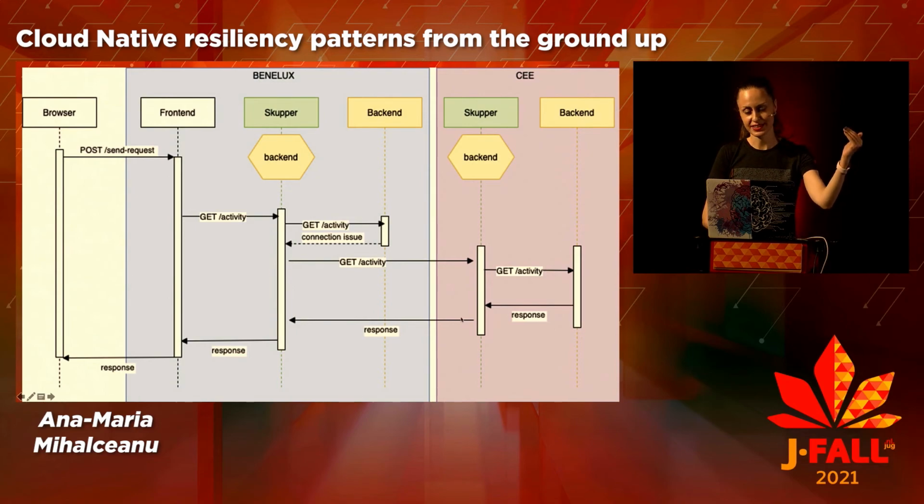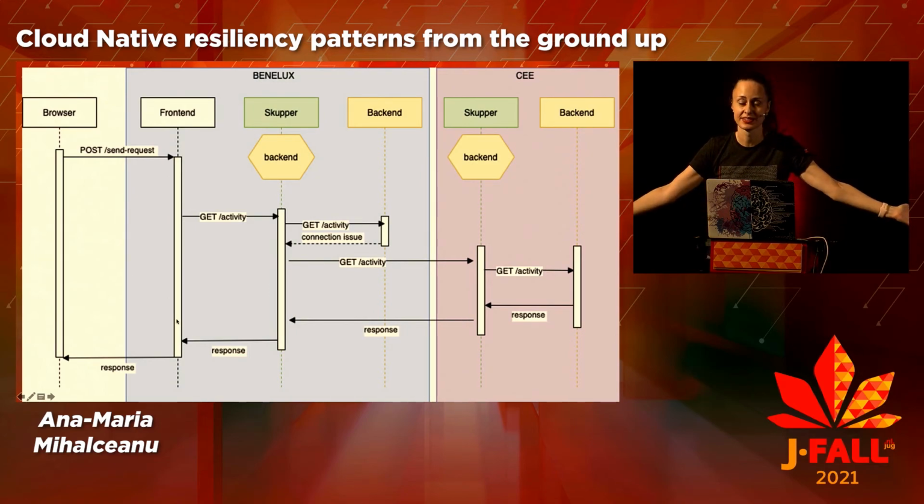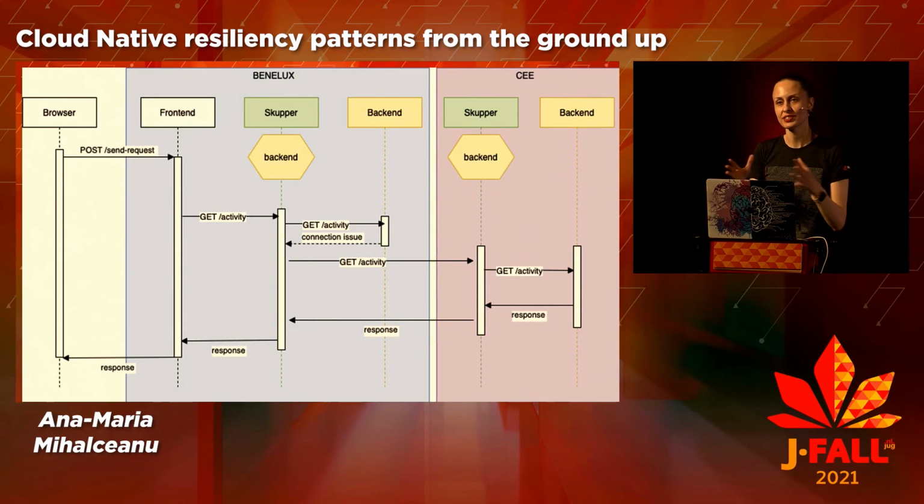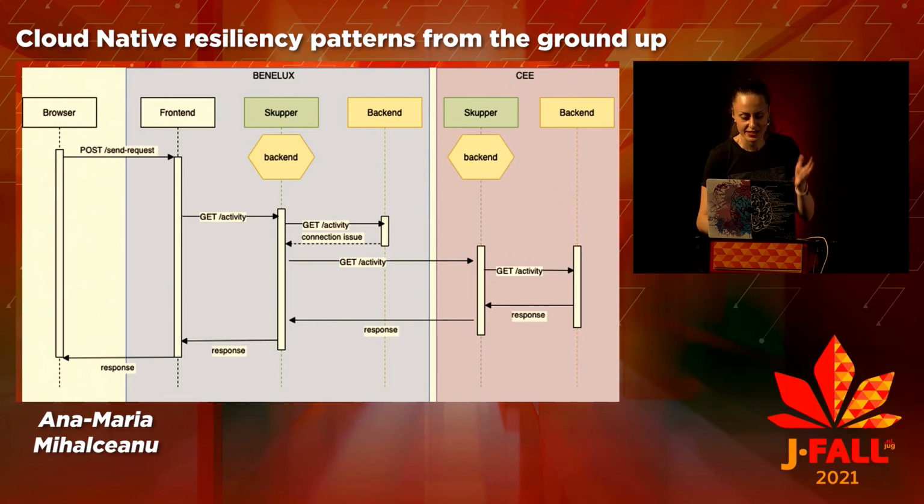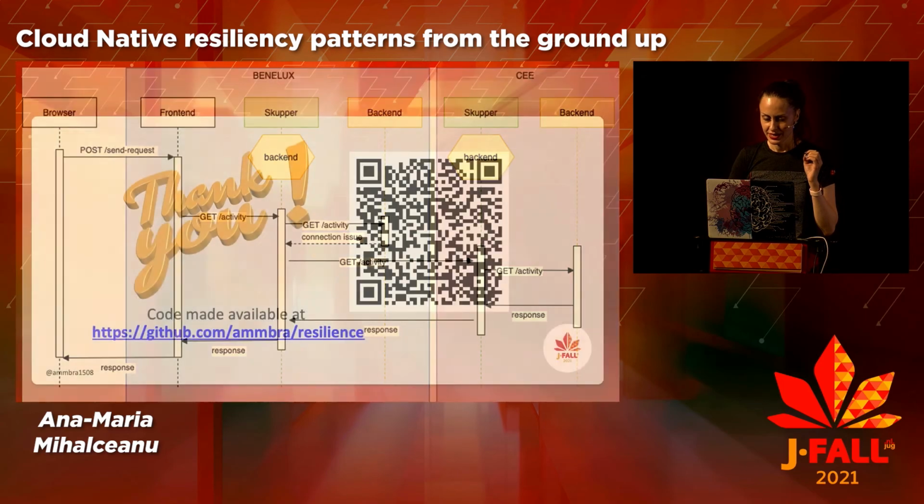A response was sent, and the frontend got a response. So this is how Scooper is proxying things for you, so you can get something regardless if something has failed and is not working anymore. And as I said, I kept this simple at the level of 2 namespaces, so it doesn't grow a little bit more complex than that.